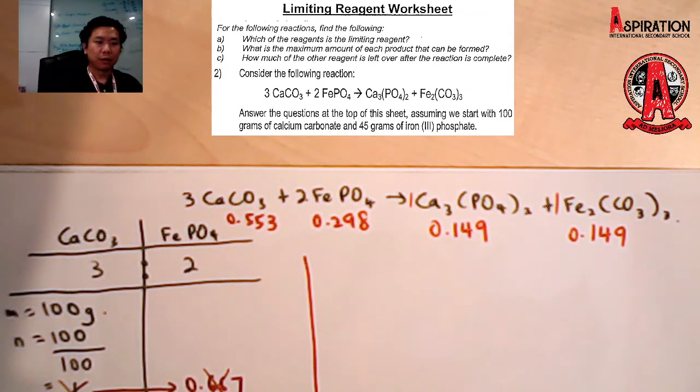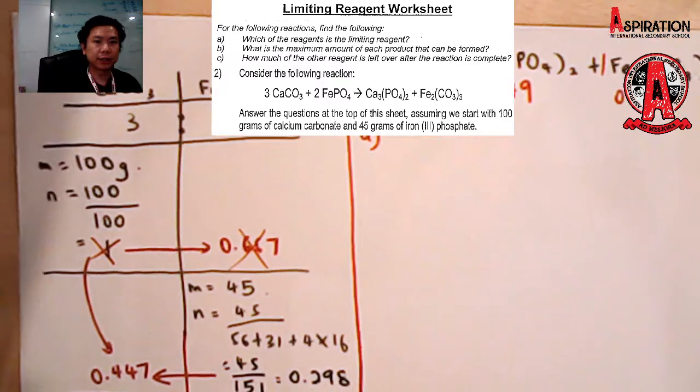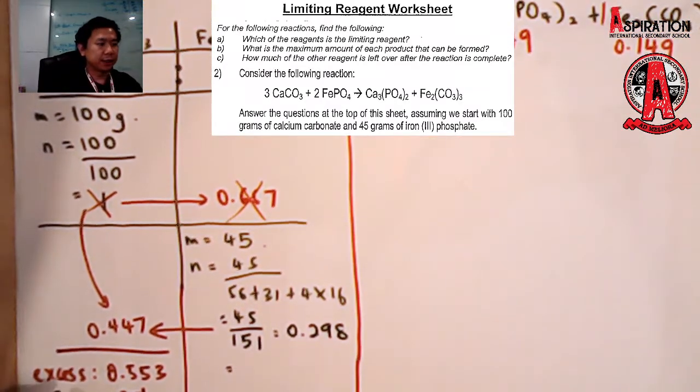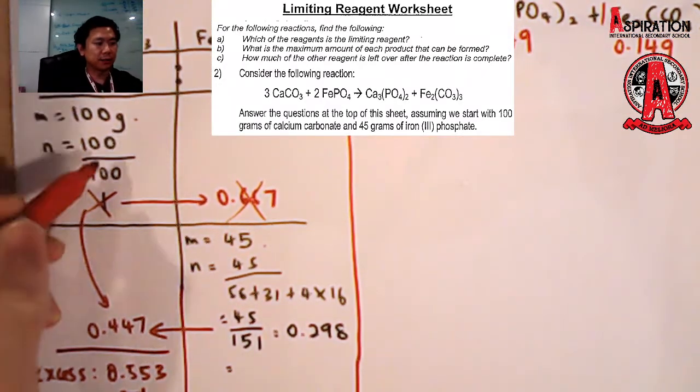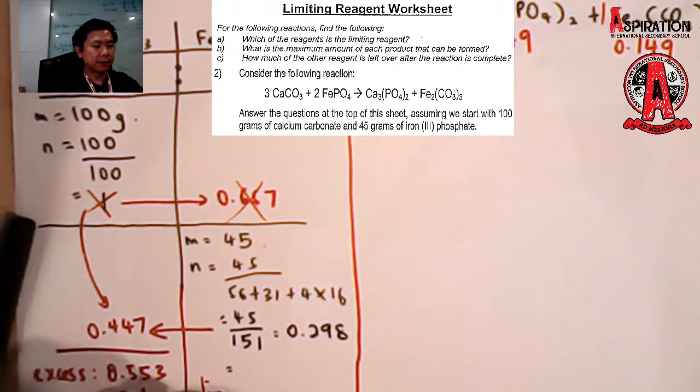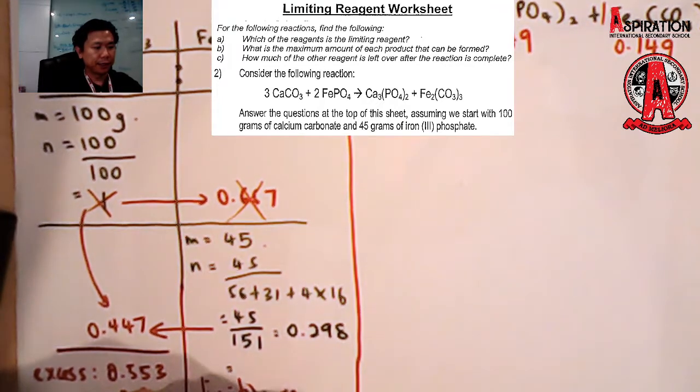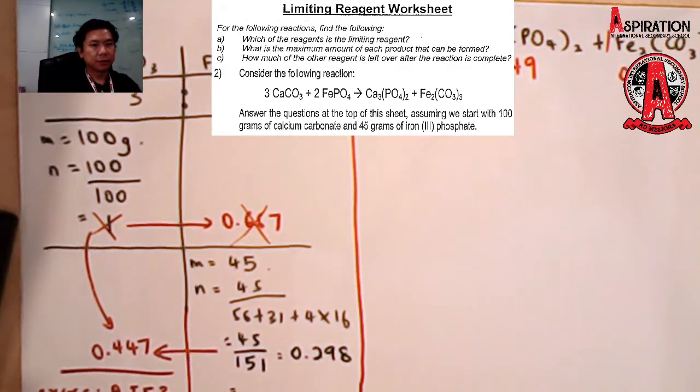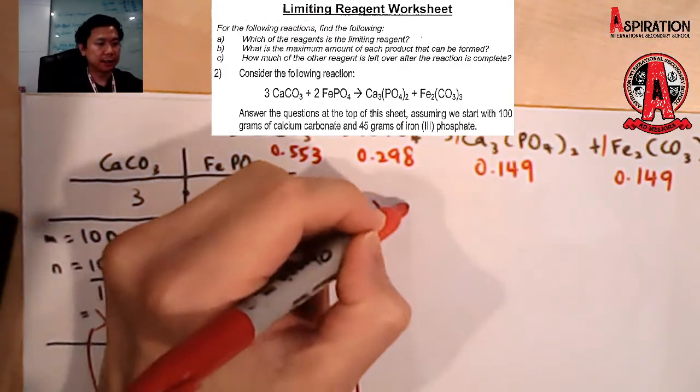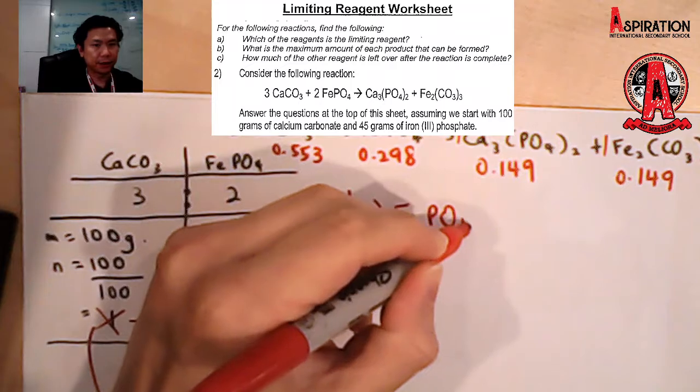Okay. Now, let's answer question A. Which of the reagents is the limiting reagent? Since we know that calcium carbonate is the one in excess, this will be the limiting reagent, right? So immediately we know the answer is iron phosphate.